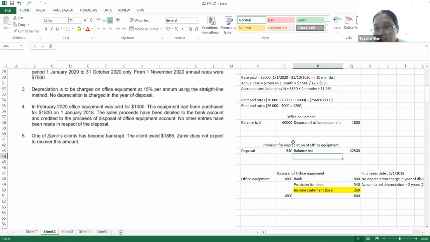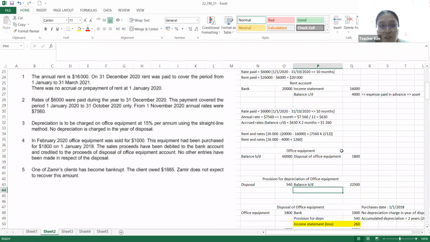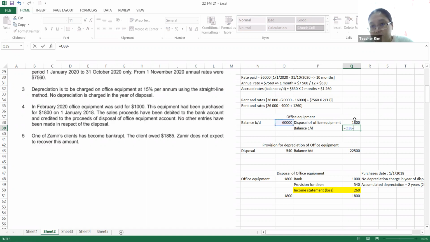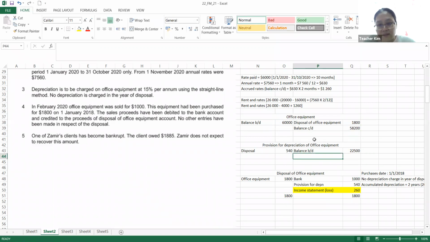Now we can calculate the provision for depreciation. They didn't mention any purchases, so basically we need to take the balance carried down. This amount is to calculate our income statement for the depreciation.